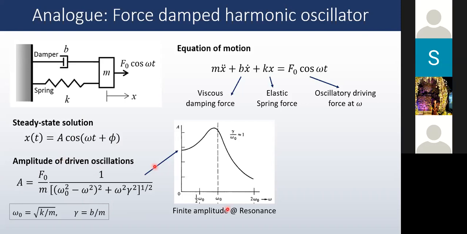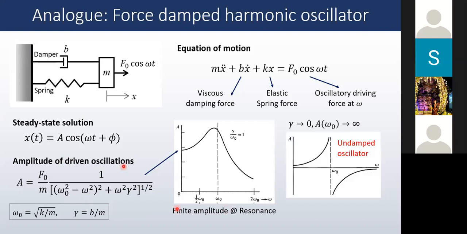But what would have happened if I had no damping in the system? If this term was switched off, b x dot. The b x dot is coming here as gamma. If this gamma is off, I can already see from this equation that my amplitude goes to infinity at resonance, and that's an undamped oscillator. But have you ever seen any oscillator going to amplitude infinity in your real life? The answer is no, right? It's physically impossible, and that's why you always need a significant source of friction so that you are staying at a fixed amplitude.